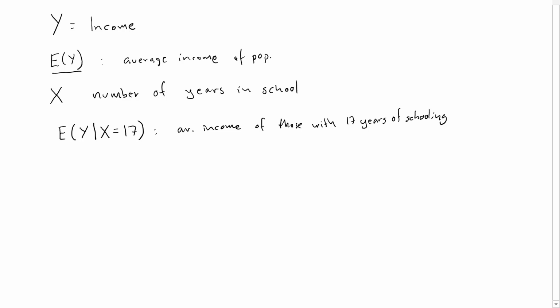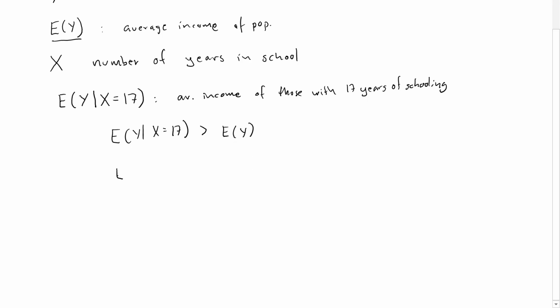Now you would probably expect this conditional expectation to be greater than the expected value of y, as the expected value of y contains the entire population. Similarly, the expected value of y given x equal to 9 would be the average income of those with 9 years of schooling, and you might expect that to be smaller than the expected value of y.